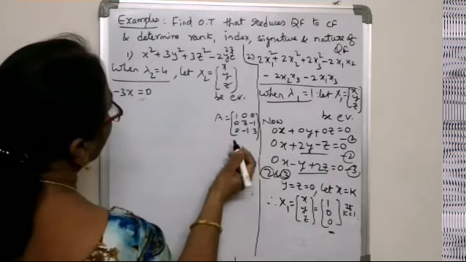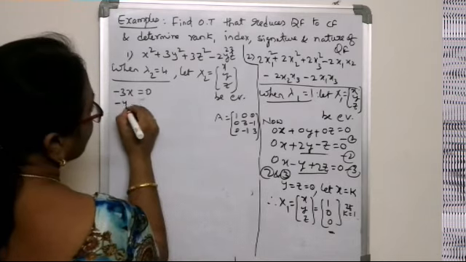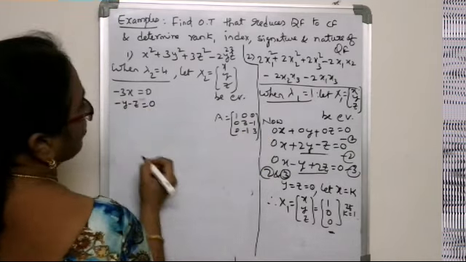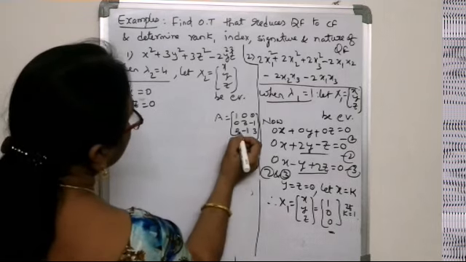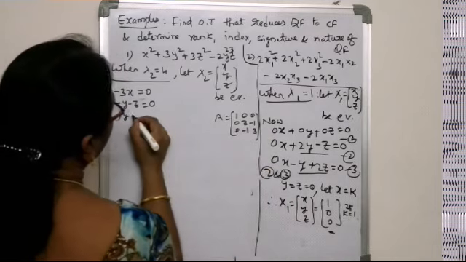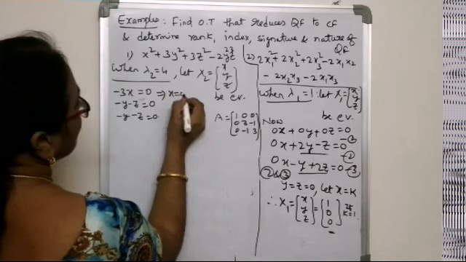From the second row, it is 0, 3 minus 4, we have minus y, next is minus 1, so minus z equal to 0. From the last row, 0x, minus 1 into minus y, next 3 minus 4 means minus z equal to 0. The first equation gives x equal to 0.